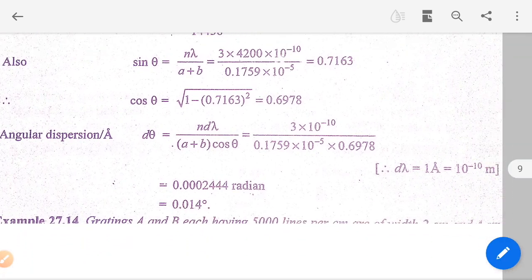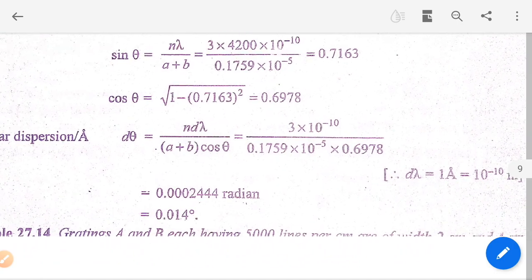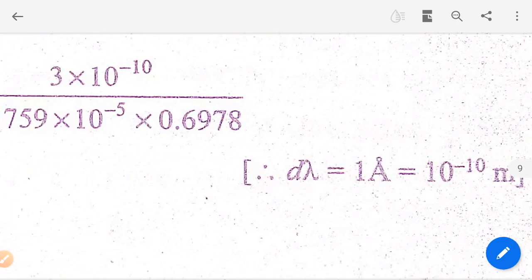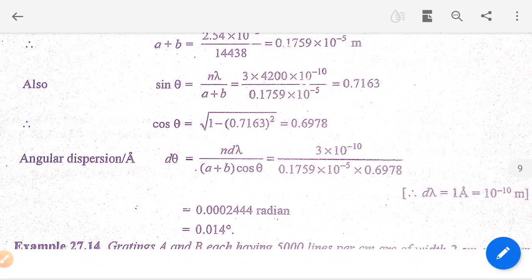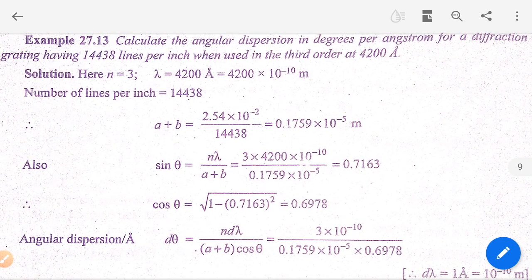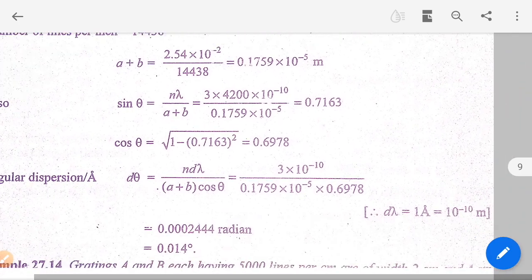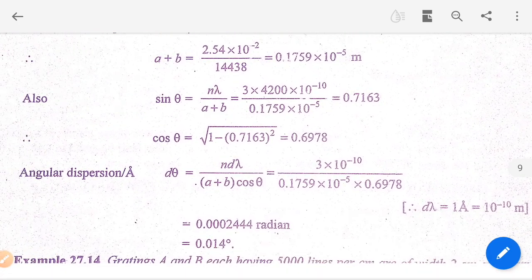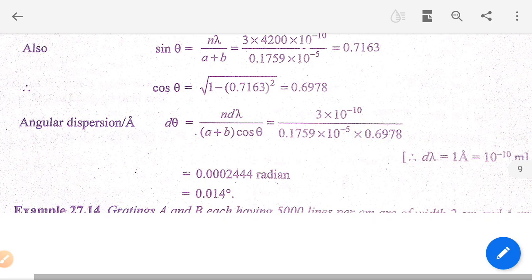Put in this value; d lambda of 1 angstrom is equal to 10^-10 meter. We took d lambda as 1 angstrom. So we get 0.002244 radian, and radian can be converted into degree, as we know that pi radian is equal to 180 degree.